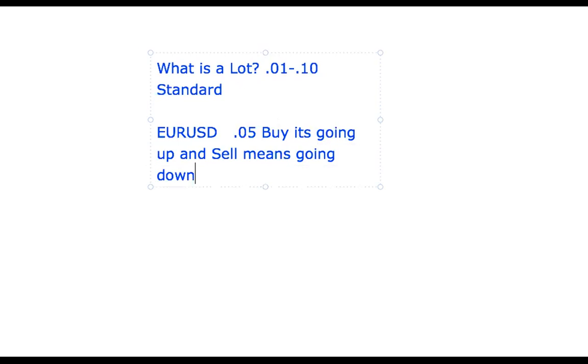But if we get back to the actual chart, let's look at Euro USD actually. In your trade plan, you're gonna want to choose which pair you're gonna use the most.